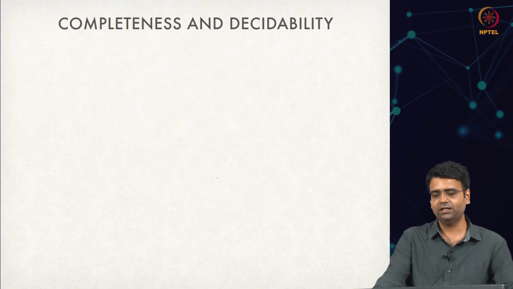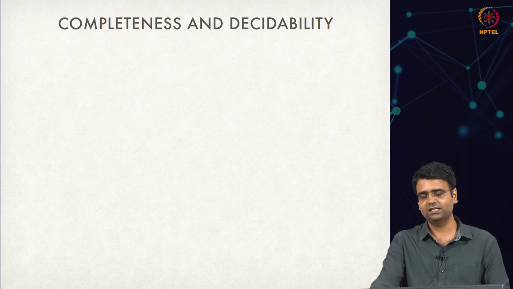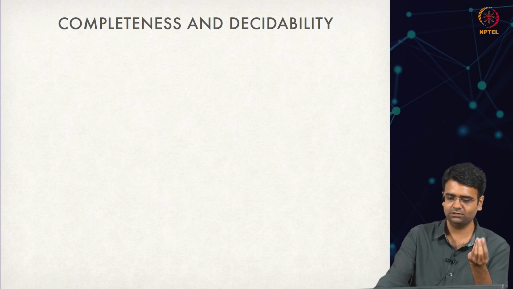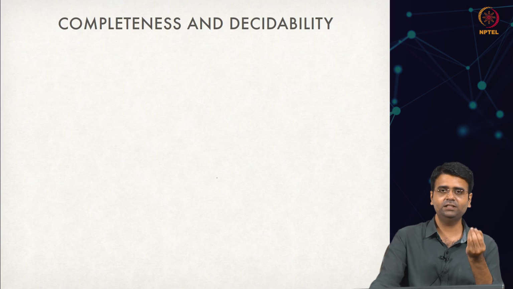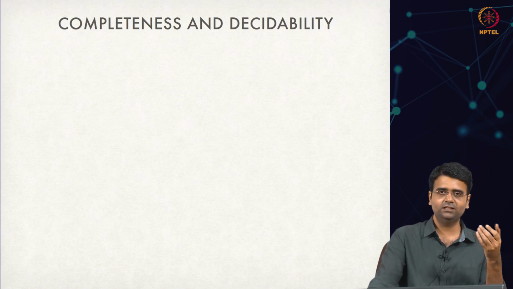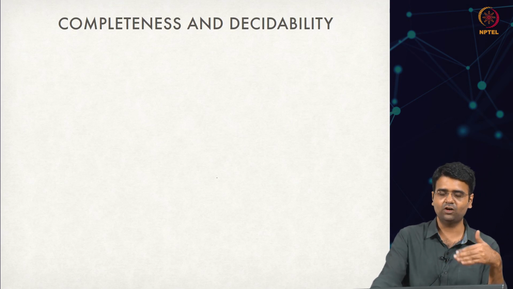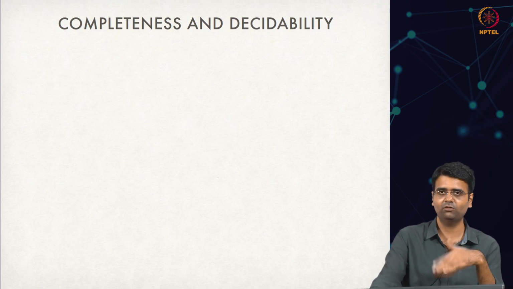So one of the reasons why we are focusing on the notion of satisfiability or validity modulo theory is because we want to get decidability. We have seen in the last lecture that for first order logic, the satisfiability and the validity problem in general is undecidable, which means that you cannot have a decision procedure which will take as input an FOL formula and output yes, the formula is satisfiable, or no, the formula is not satisfiable. Similarly for validity.